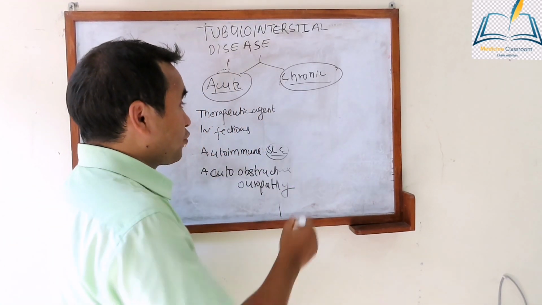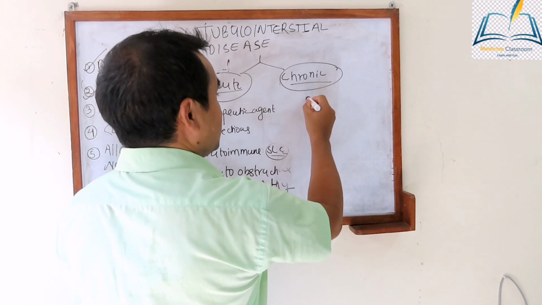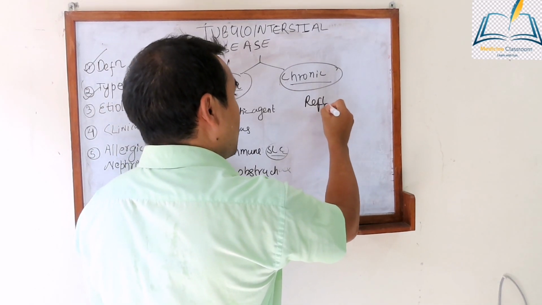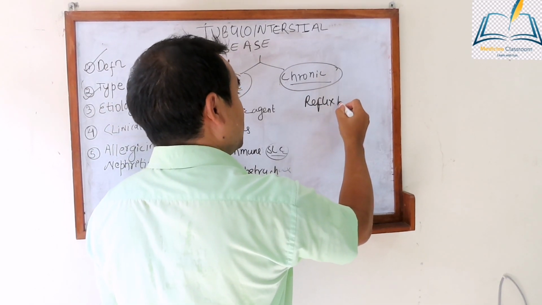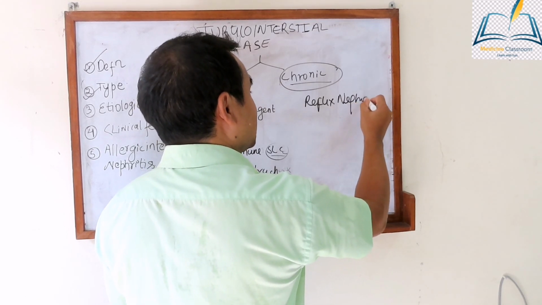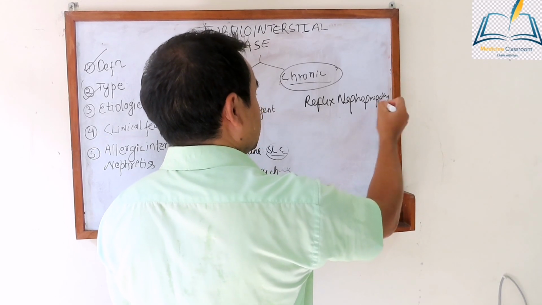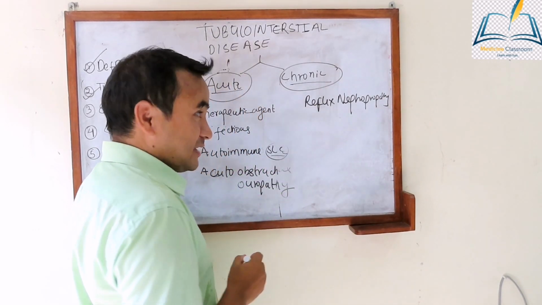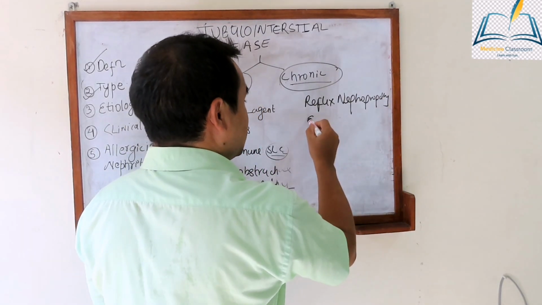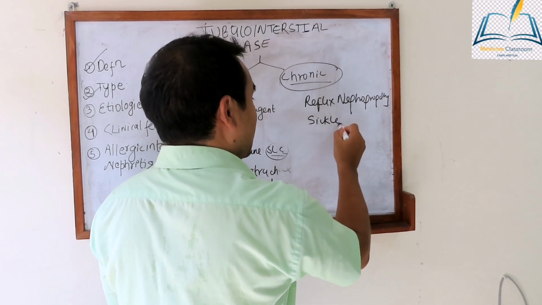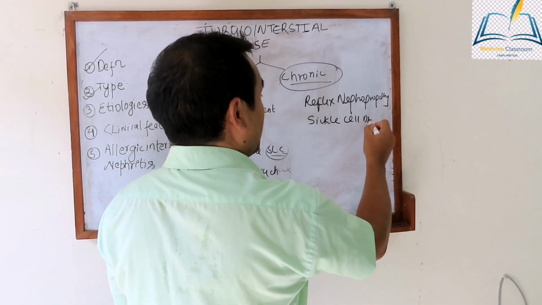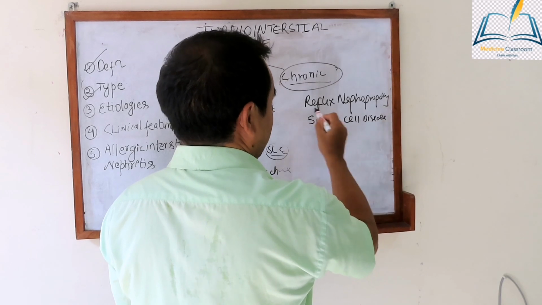Whereas the causes for the chronic are, one important cause is reflux nephropathy, which usually occurs in children. If someone has vesicoureteric reflux, that can cause chronic tubulointerstitial disease. Another important cause is sickle cell disease, which can cause chronic tubulointerstitial nephritis.